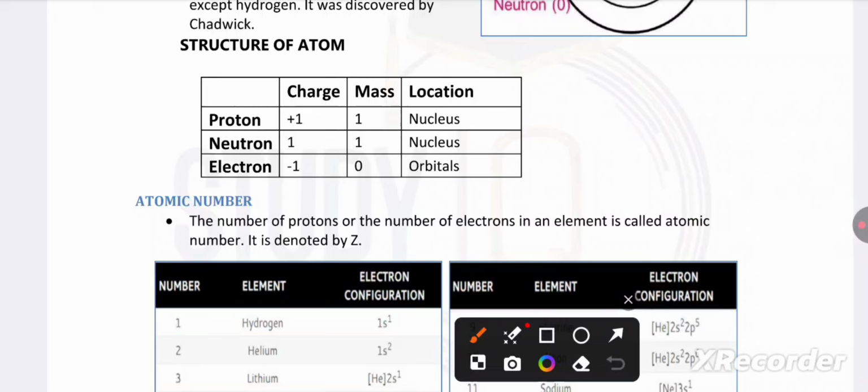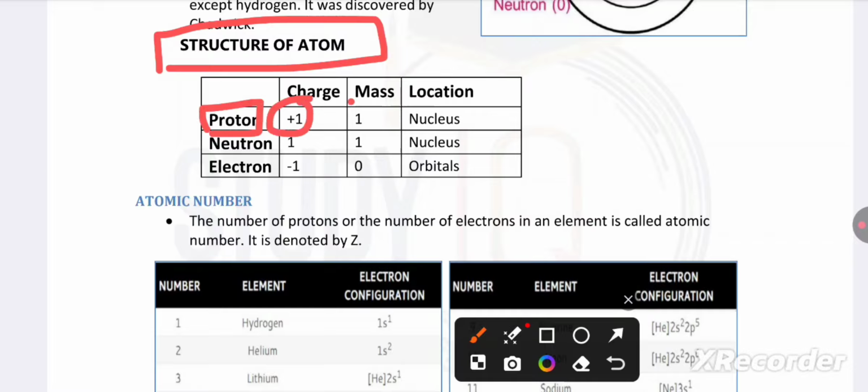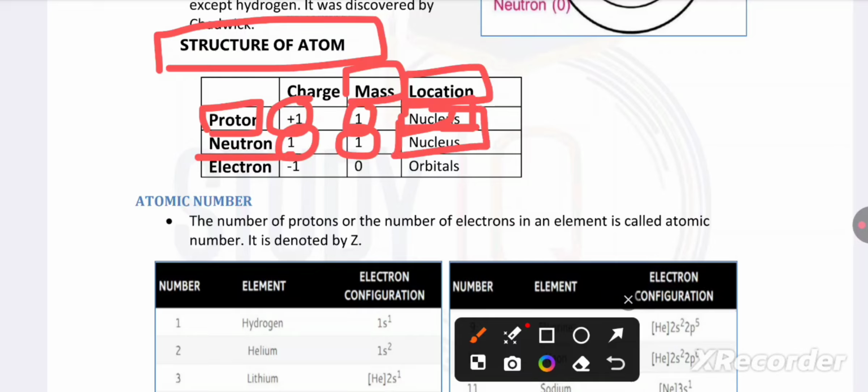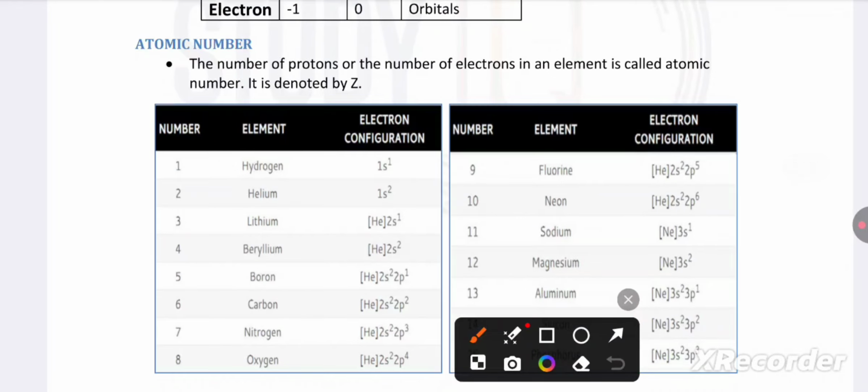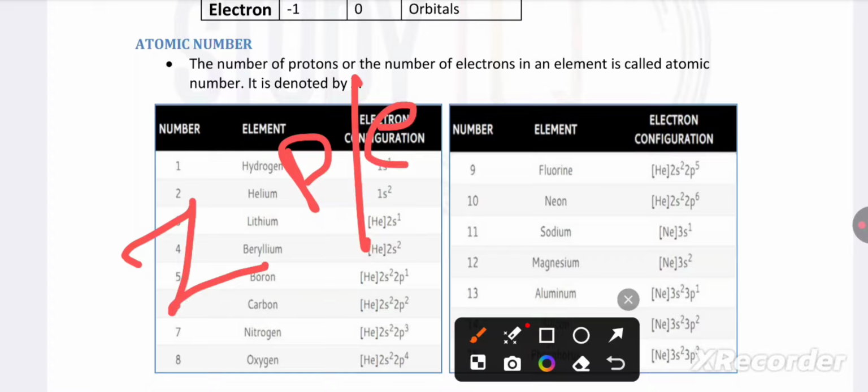Structure of an atom. Proton: charge +1, mass 1, location nucleus, as we know. Neutron: mass 1, present in the nucleus. Electron, we know, charge -1, mass 0, revolving in orbitals. Atomic number we represent as Z. That is the number of protons or number of electrons.